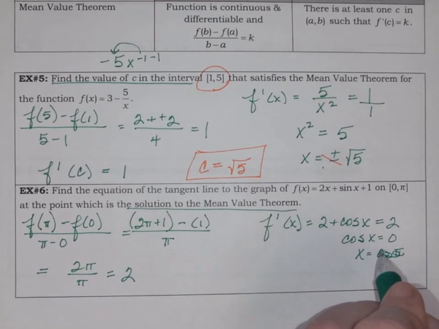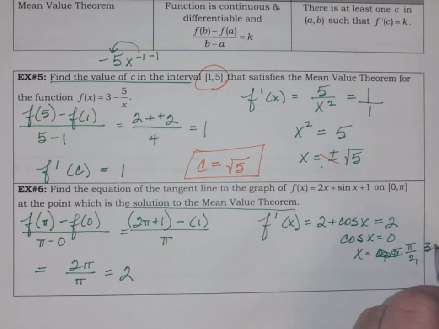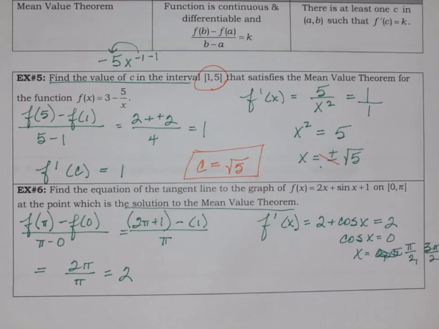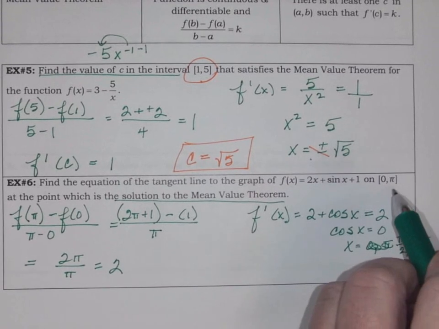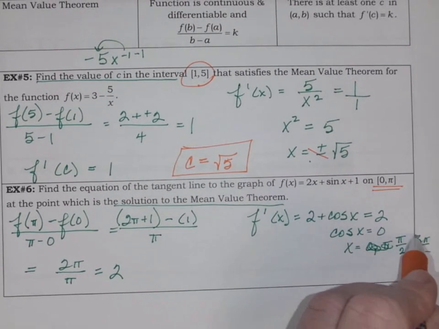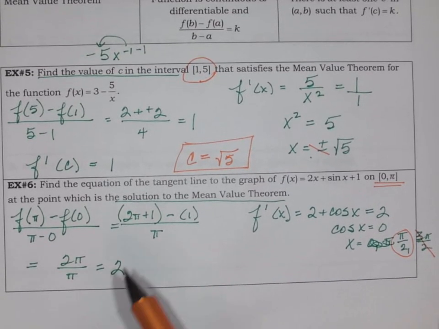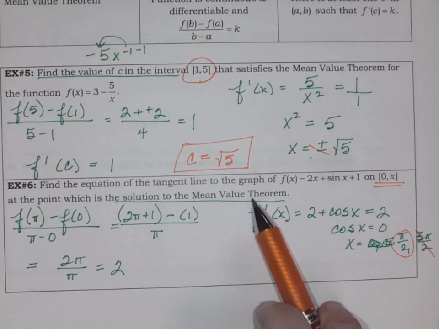That's where its cosine is 1. So x would be equal to pi over 2 and 3 pi over 2. That's where cosine is 0. Okay, now in our interval, the value that's between 0 and pi is going to be pi over 2. So that's our c value. That's our solution to the mean value theorem.